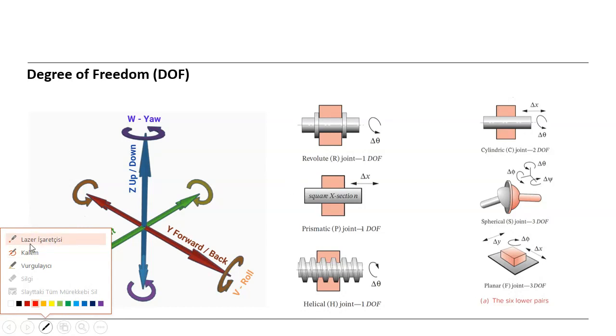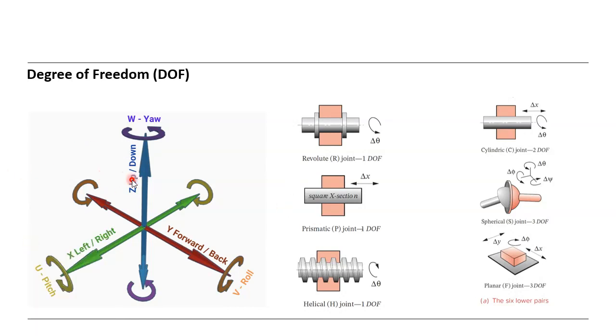Okay, we said generally any object has 6 degrees of freedom, like this 3D system is showing. So usually we have 3 axes to define the position of any object in space, that means the x, y, z axes. Any object in space can move in the x direction or y direction or z direction.